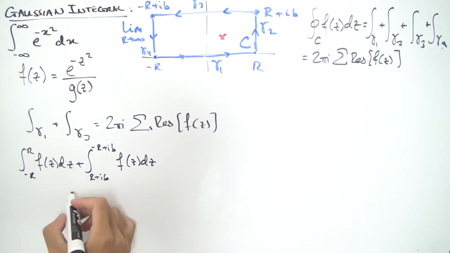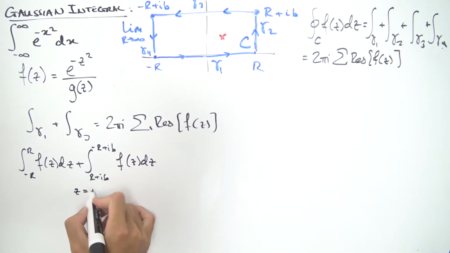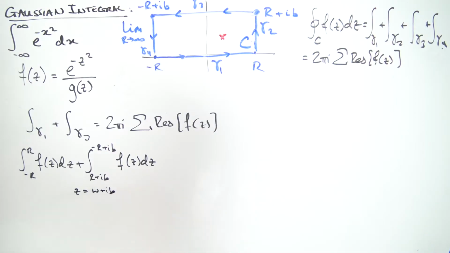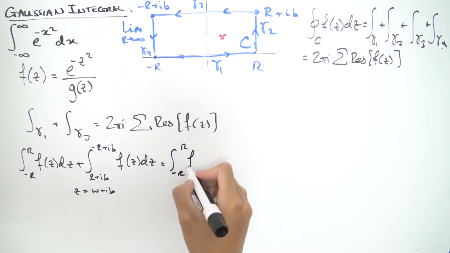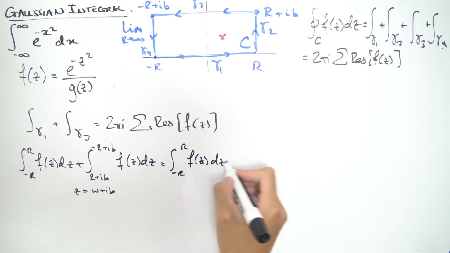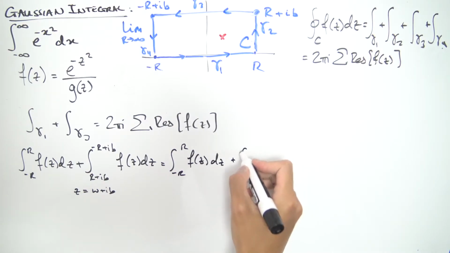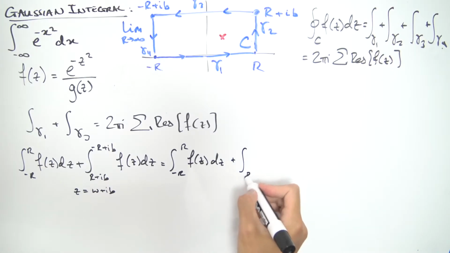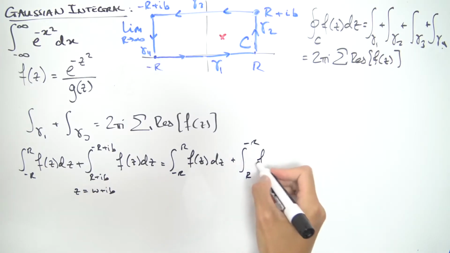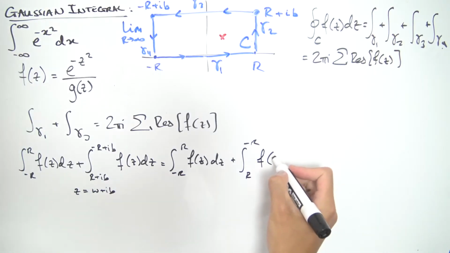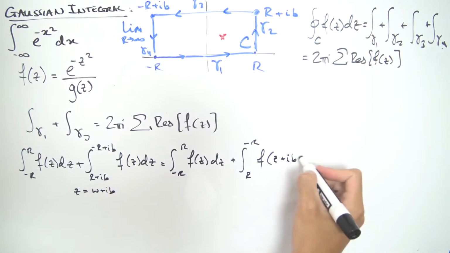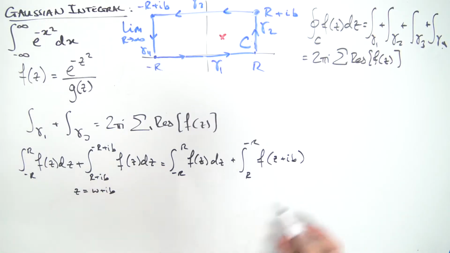So you can do a substitution such as z is equal to w plus ib, and if you do that, you're going to get the integral from minus r to r of f of z dz, and for that second integral you're going to get plus the integral from r to minus r of f of, well, imagine this w is kind of like a z, so we're going to have z plus i times b, and then our differential is still dz. It doesn't change under this translation.